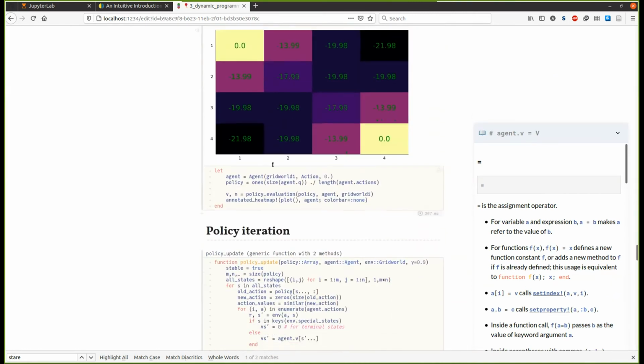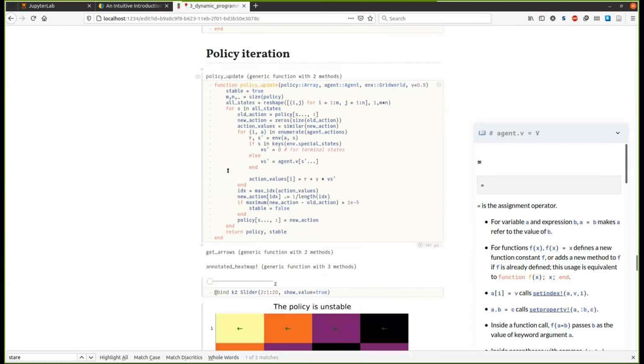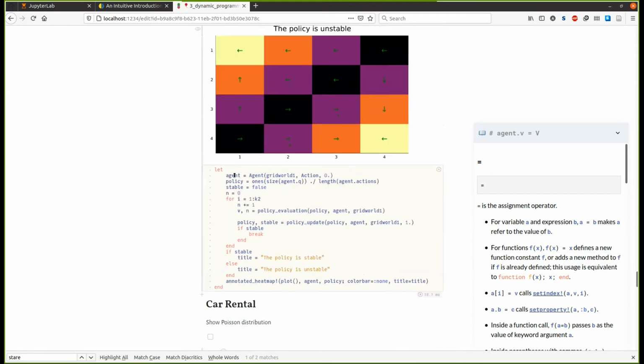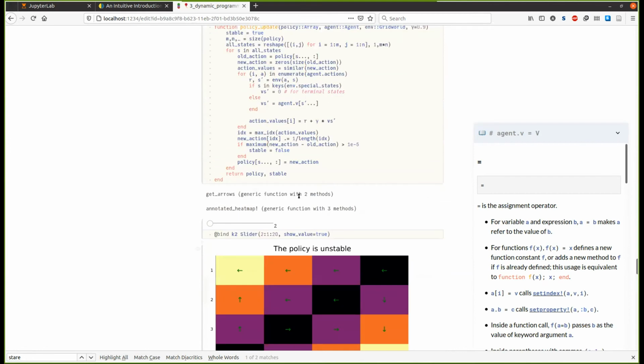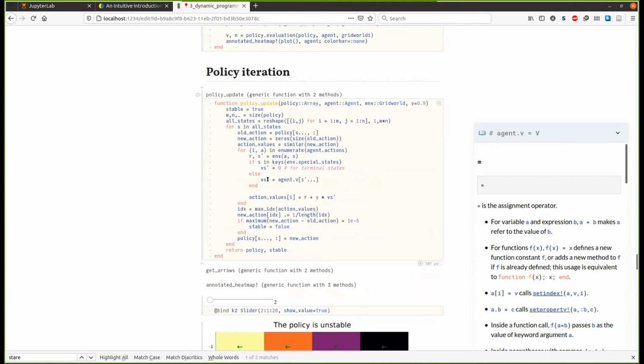And for policy iteration, we do this. Okay, so here it is. We do one step of policy evaluation, which is itself an iterative process, and then we have a policy update, which is done by computing the action values and choosing the action that grants the highest value.